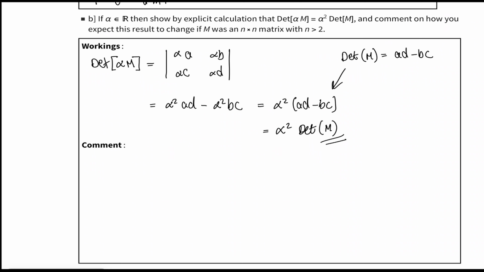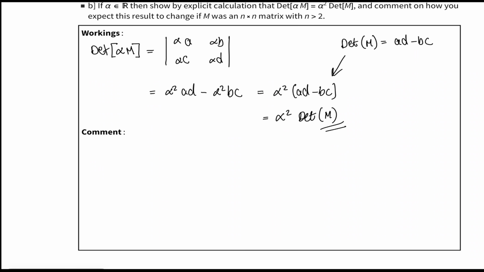And comment on how you expect this result to change if M was an n times n matrix. If we just quickly make a new matrix which is Z, and say that that matrix is a 3 by 3 matrix, so alpha A, alpha B, alpha C, alpha D, alpha E, alpha F, and so on.